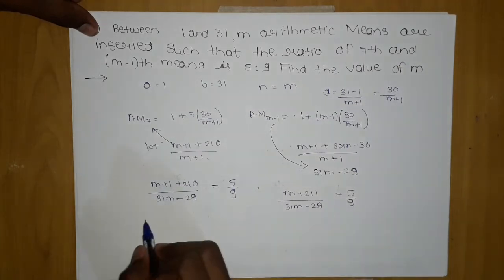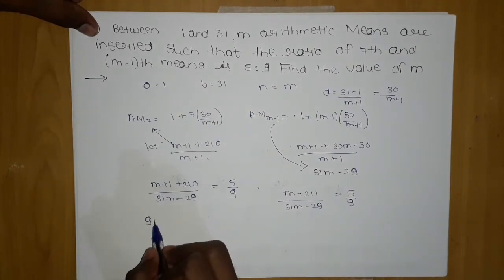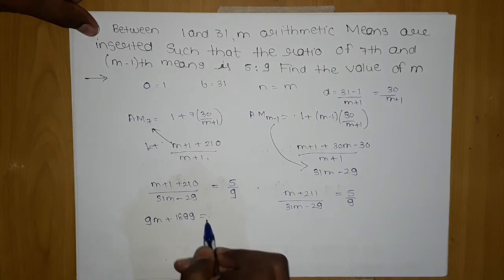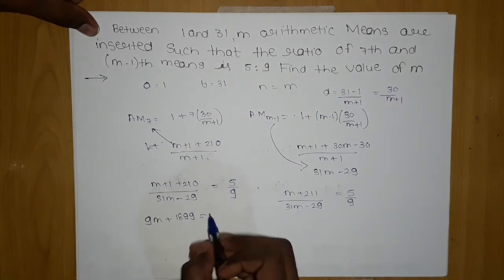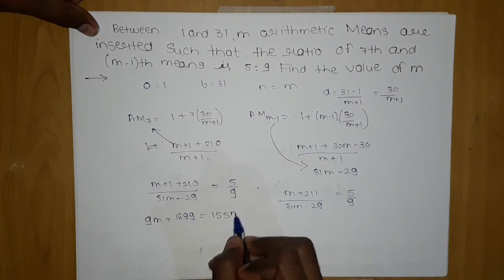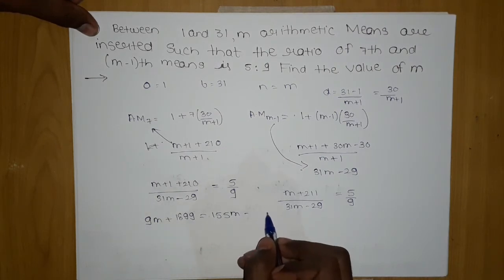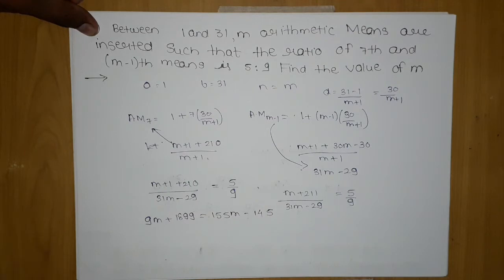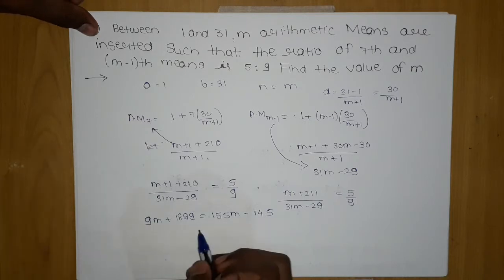Okay, if I multiply this, what do I get? 9m plus 1899 should be equal to 155m minus 145. Okay, we got 145. Okay, so our job is done.